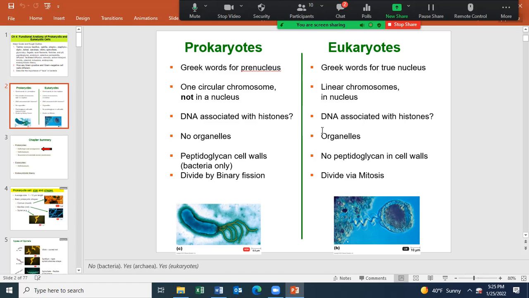The DNA of eukaryotes is wrapped around histone proteins, and histones are a protein, and that's all you need to know at this point. Prokaryotes do not have any membrane-bound organelles like the mitochondria, the Golgi apparatus, etc. The eukaryotes have membrane-bound organelles.